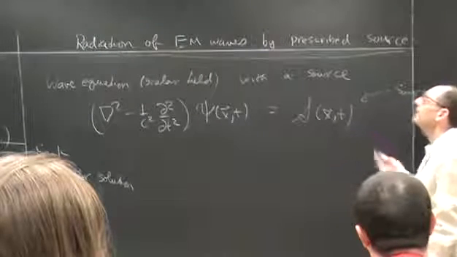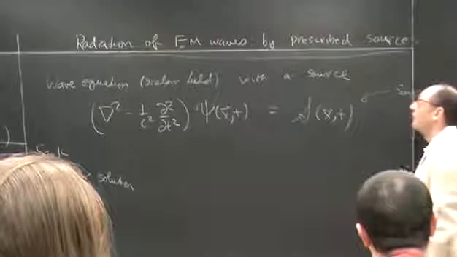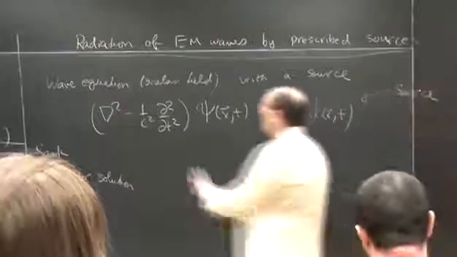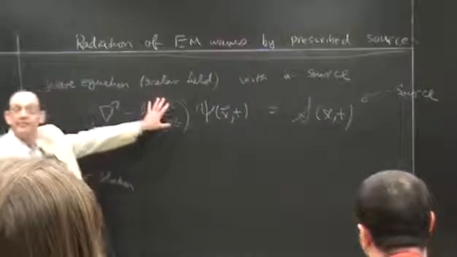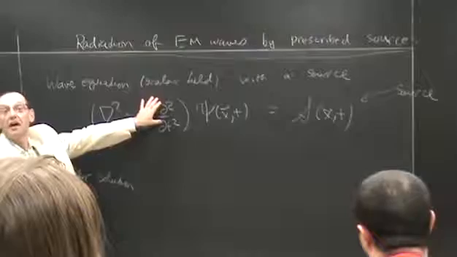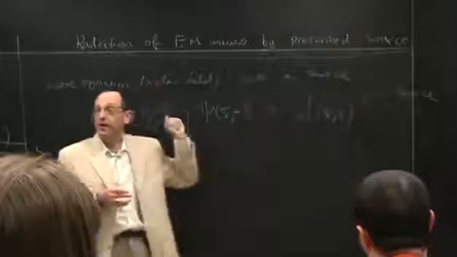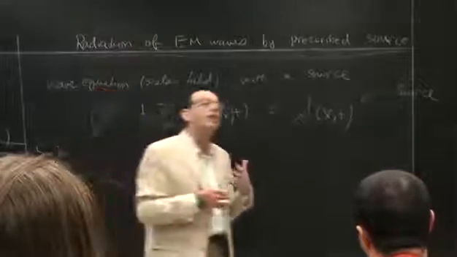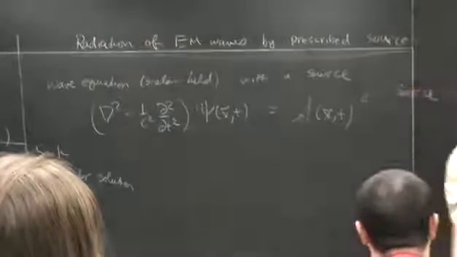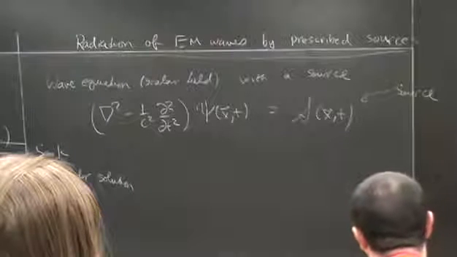This is the same kind of problem that we've discussed before. Suppose we didn't have this d by dt squared here. Then it would look like the Laplace equation, that's what we call Poisson's equation. And we solve that by looking for the Green's function, which is essentially equivalent to what you're saying.